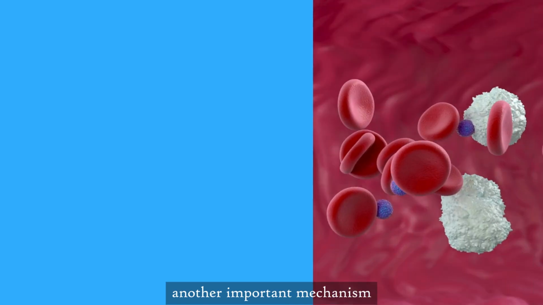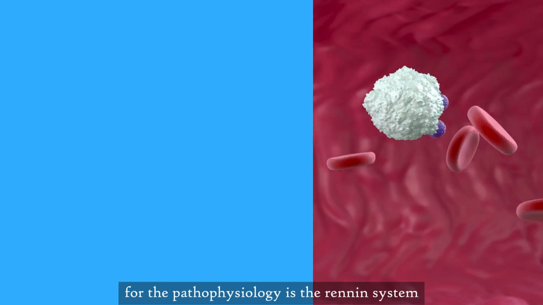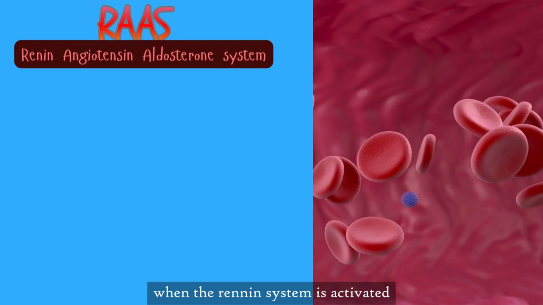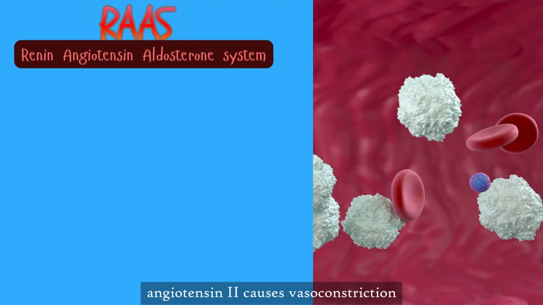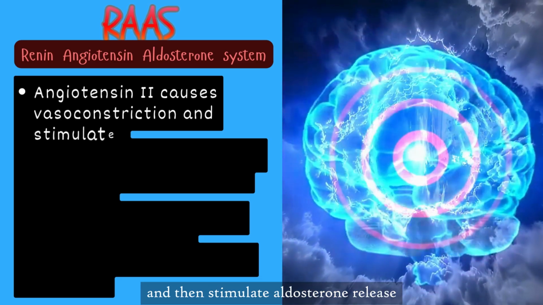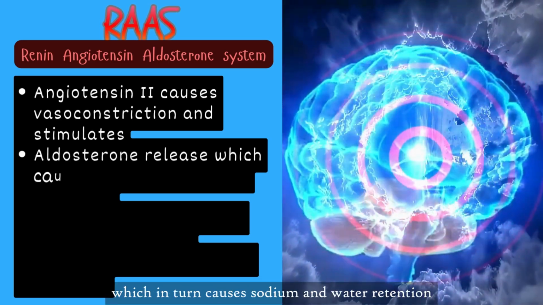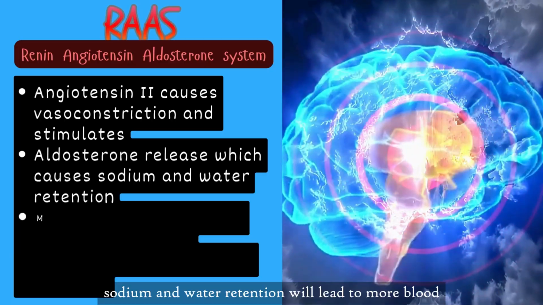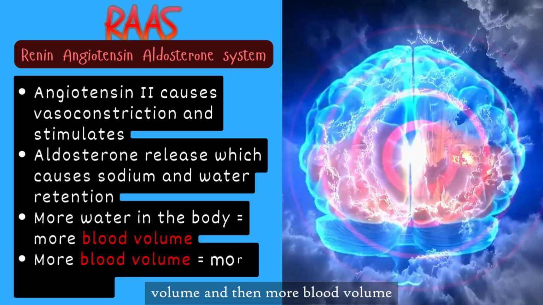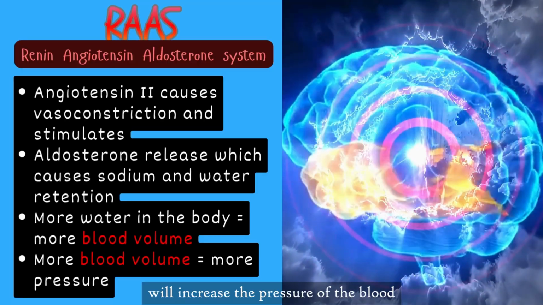Another important mechanism for the pathophysiology is the RAAS, the renin-angiotensin-aldosterone system. When the RAAS is activated, angiotensin 2 causes vasoconstriction and then stimulates aldosterone release, which in turn causes sodium and water retention. Sodium and water retention will lead to more blood volume, and then more blood volume will increase the pressure of the blood.